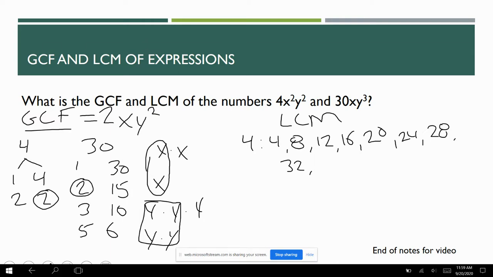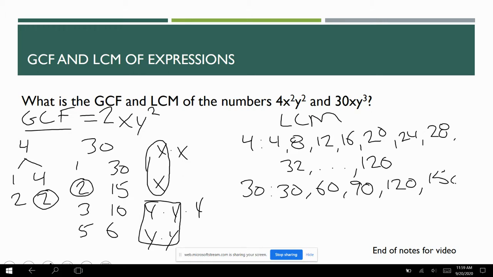Okay, I'm going to tell you, we can keep going. The first number they're going to share in common is 120. And the reason I know that is because my multiples of 30 are 30, 60, 90, 120, 150. So I can check to see if these are divisible by 4. Well, the only one that's divisible by 4 is 120. So 120 is going to be our first piece of our LCM.